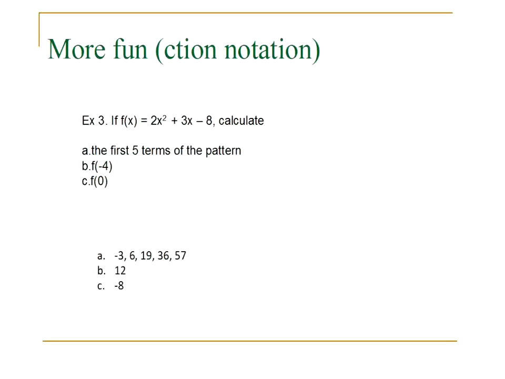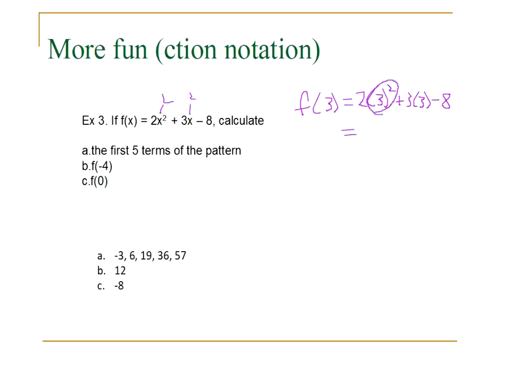So here's a quadratic written in f of x. And so what we can do is we can find the first 5 terms of the pattern. I plug in 1 and 2 for x and 3 and 4, etc., etc. Remember that, for instance, when I'm finding f of 3, this means anywhere I see an x, I'm going to plug in a 3. Remember that this is order of operations.